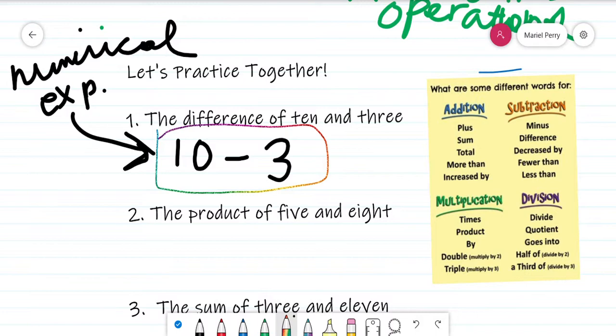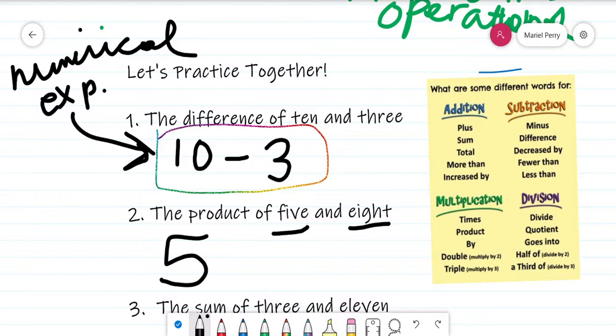Let's go to the next one. The product of 5 and 8. Product of 5 and 8. I remember from my elementary years, product represents what operation? Multiplication. So I'm going to take my numbers, 5 and 8. They give it to me in word form. Numerical operations want us to express it in number form. So I'm going to write the number 5.